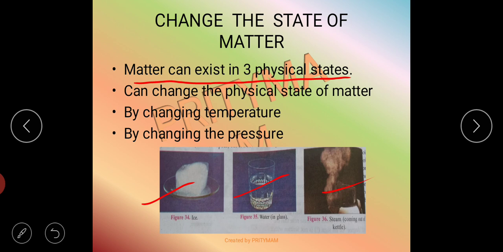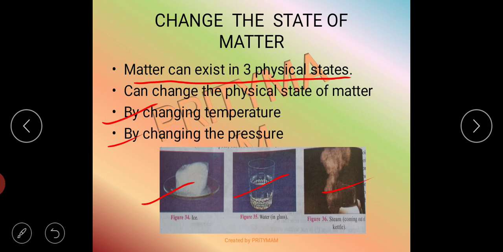So we can change the physical state of matter in two ways. Which are the two ways? By changing the temperature and by changing the pressure. We mean that the state of matter can be changed by heating it or by cooling it.